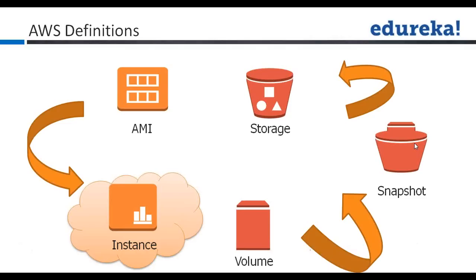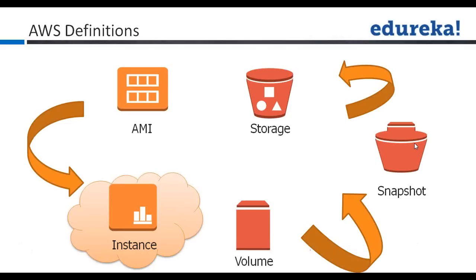Take an example: you have an AMI which is a Tomcat server with a MySQL database, PHP installed, and a Linux operating system. When you launch an instance from it, that virtual machine would have Tomcat, MySQL, and PHP already installed, with Linux as the operating system.